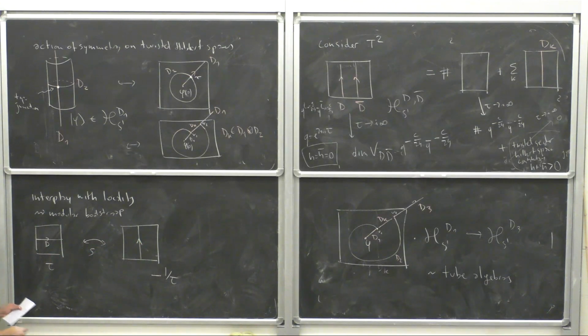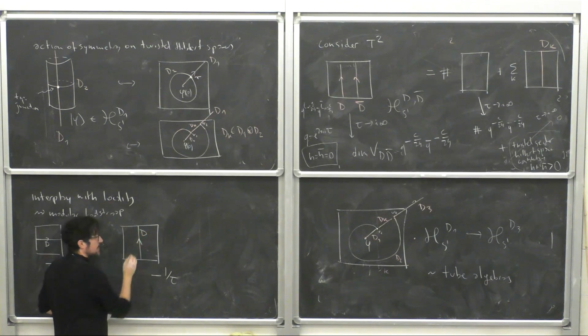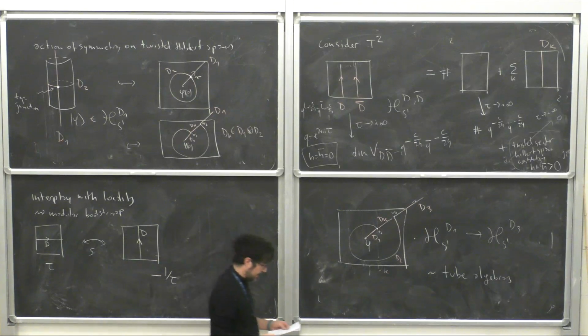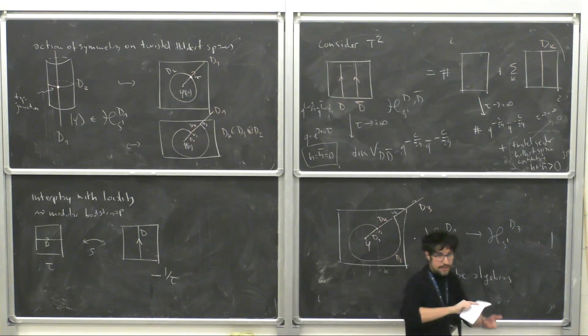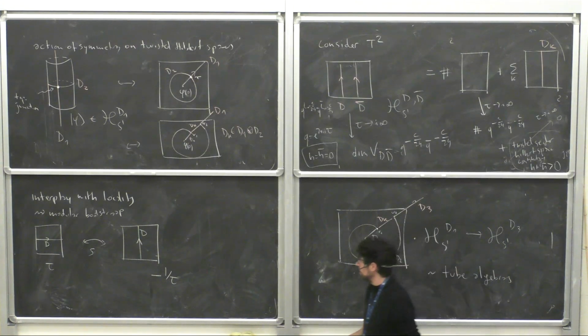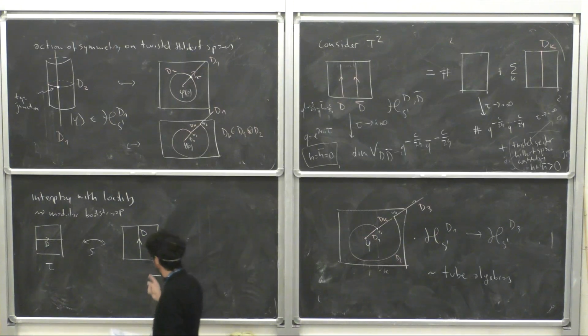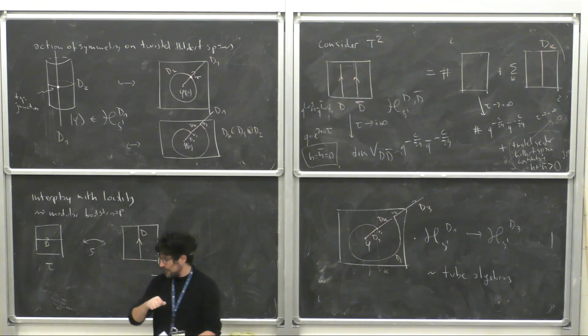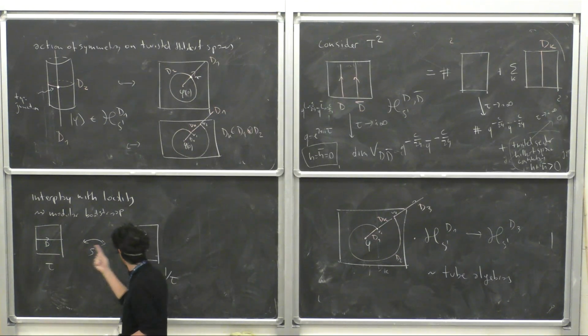Sorry, there was a question before about a way of visualizing the S transformation in the torus: you can think of it as a transformation that swaps the A and B cycles.